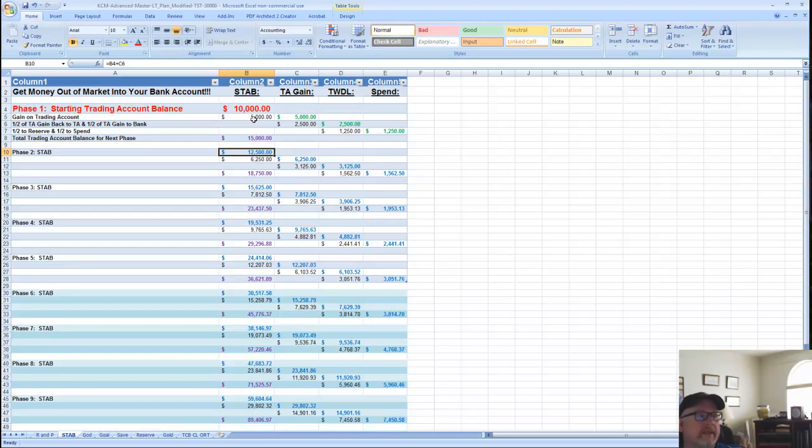Most likely, I'll make sure that I would go up to, say, a $12,000 account balance to get 3,000 out. So basically, make 6,000 is what I'm thinking about doing right now. This is kind of the overall goal.